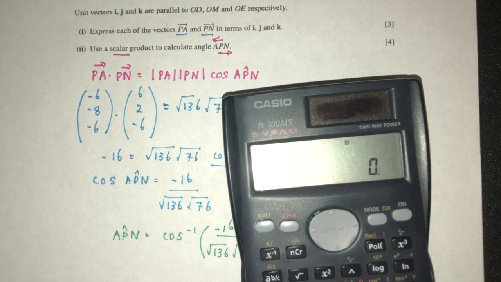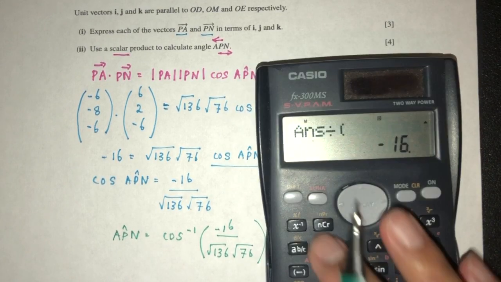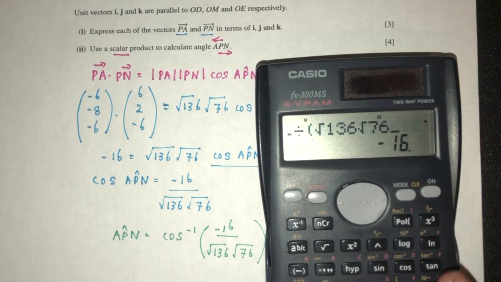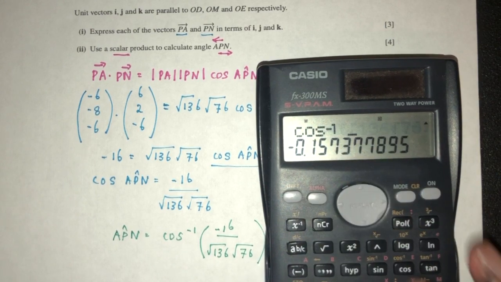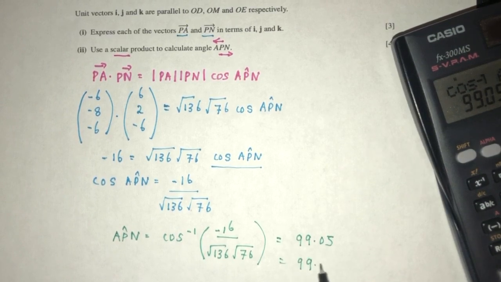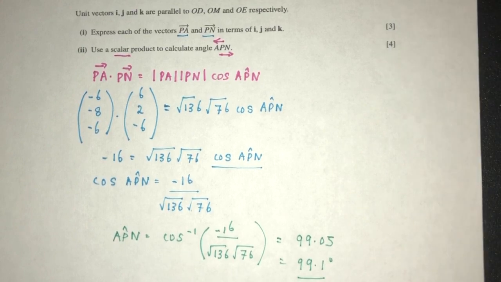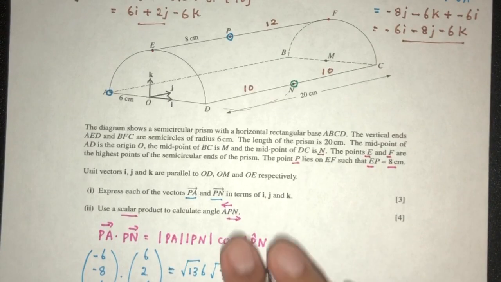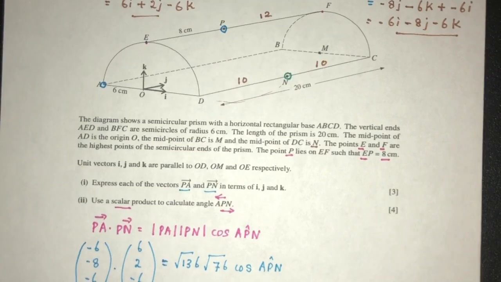So minus 16 divided by root of 136 times root of 76, and then cos inverse of that will give you 99.05. Correct to one decimal place will be 99.1 degrees. And that will be your answer to question part 2, finding the angle APN.